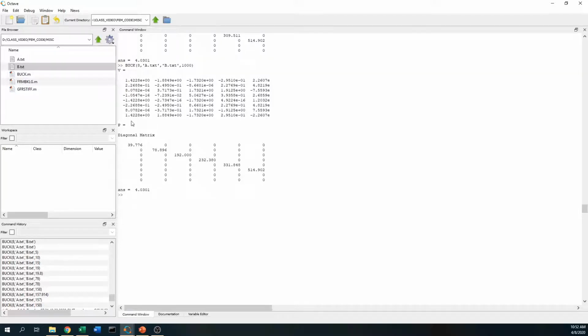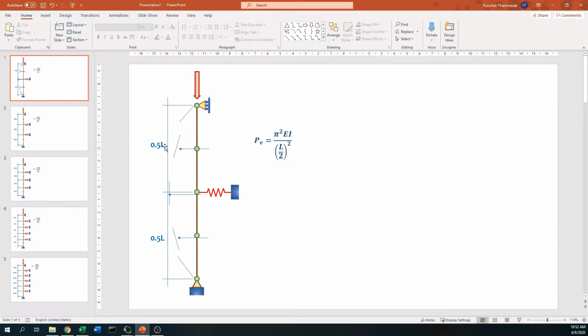Actually, it's going to be a shape like this curve and this curve here. No matter how much stiffness you put here, you put 1, 2, 3, 4, 5, you can see the improvement.